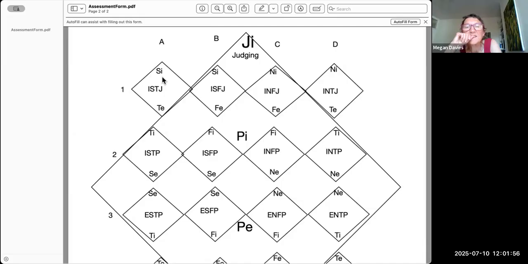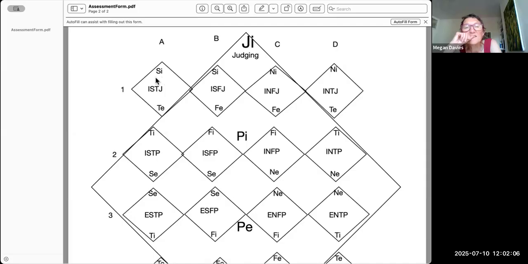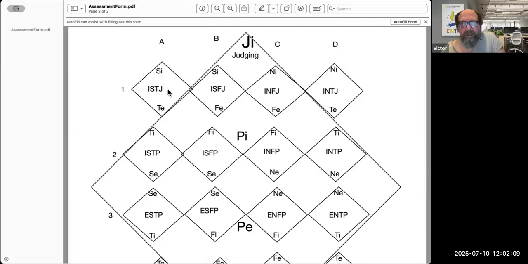One is by function attitude, and one is by the Myers Briggs four-letter code, which is in the middle. The function attitude I've separated so that you can tell which one is the dominant function attitude and which one is the auxiliary function attitude. When you know both, you can know what this is.